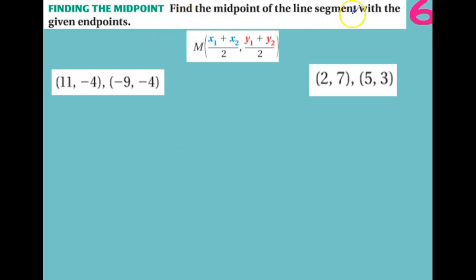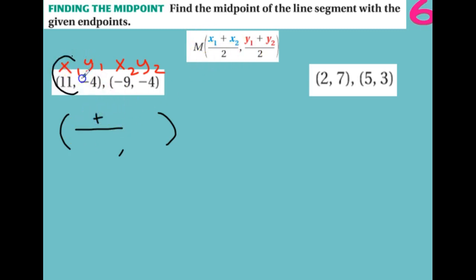So it says find the midpoint of the line segment with the given endpoints. So I'm going to label this x1, y1, that's my first point, x2, y2, second point, and then we're going to plug them in to our midpoint formula. So we have x1 and x2, we're just adding them together.